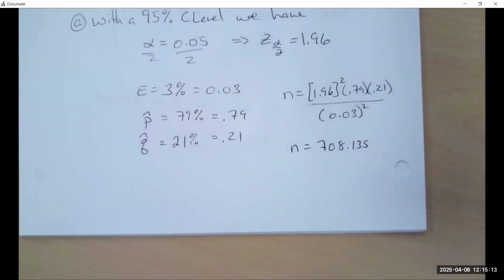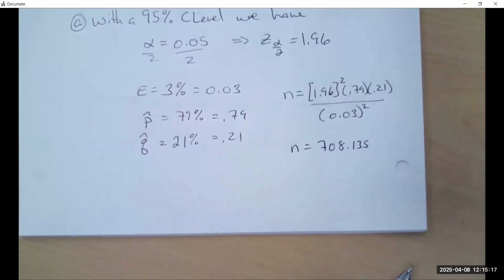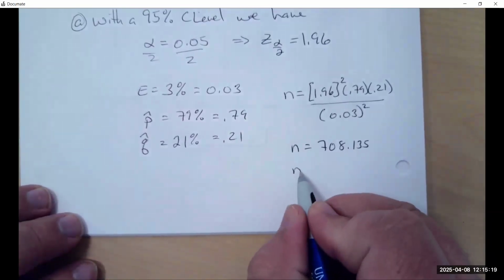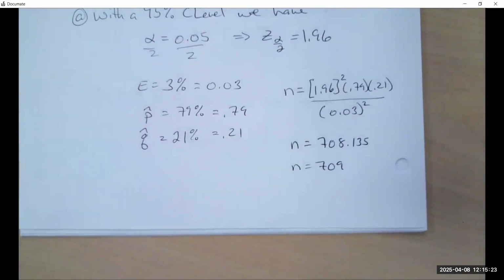Now, here's the interesting thing. Can you get 0.13 of a person? So always round up. So that's using our information there. Let's look at what would happen if we use the 0.25 scale.